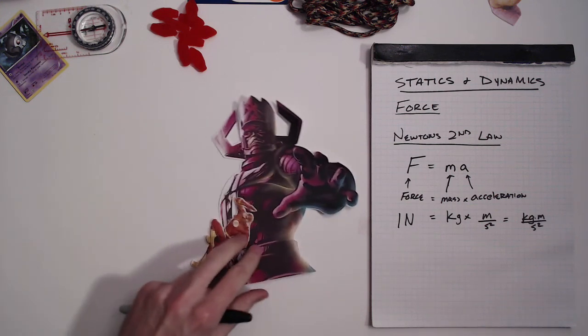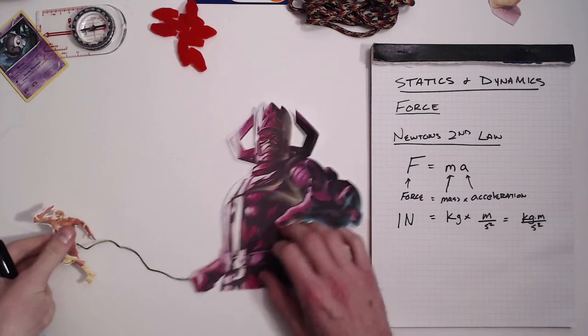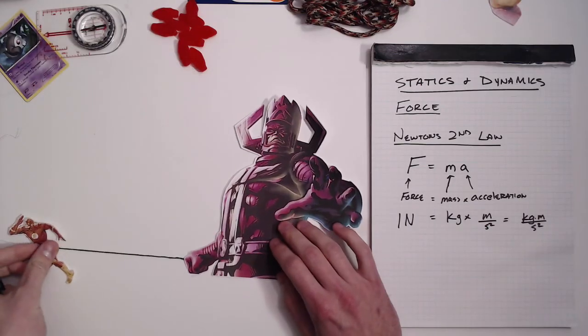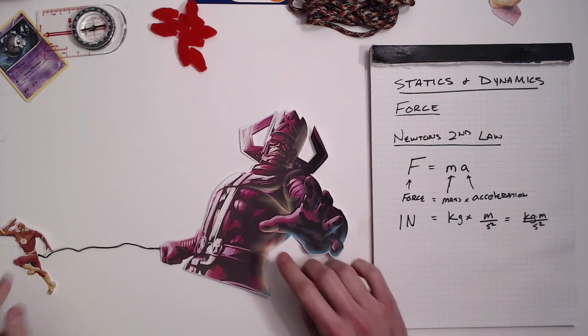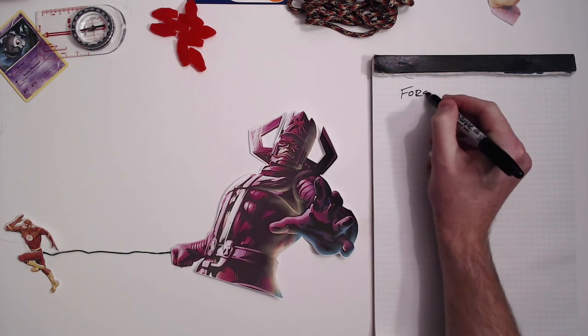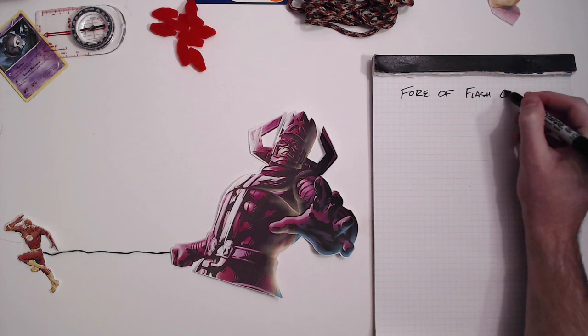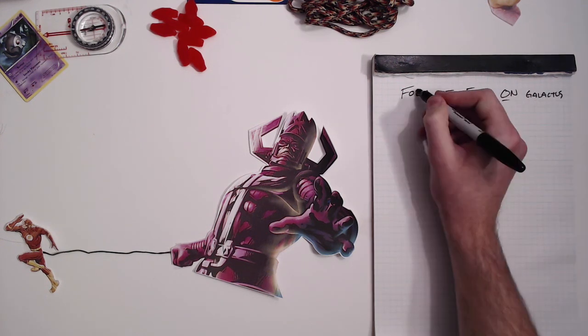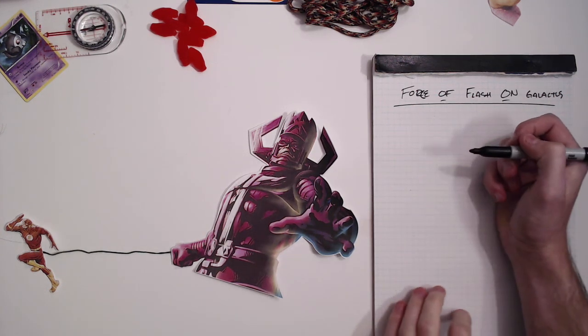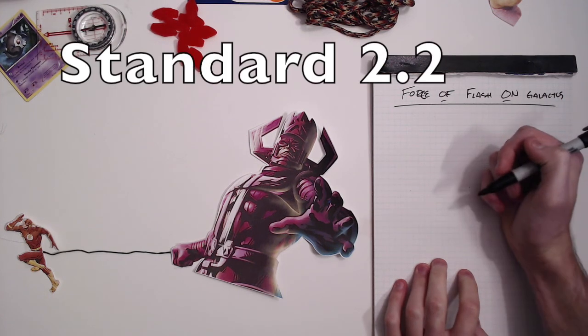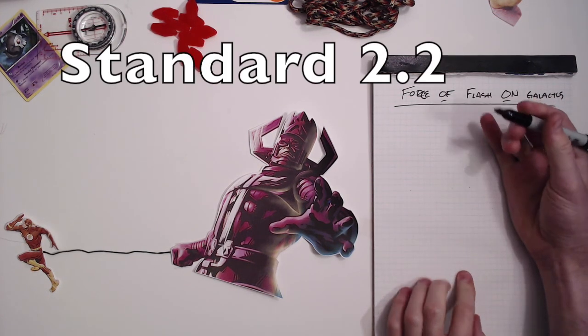So here's Galactus, here's the Flash. We want to figure out how much force the Flash can exert on Galactus. So when we do problems in physics, remember that we always start with a picture. So when we're looking at forces, we draw what is called a free body diagram.